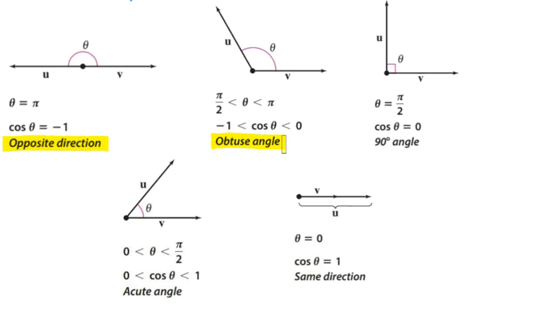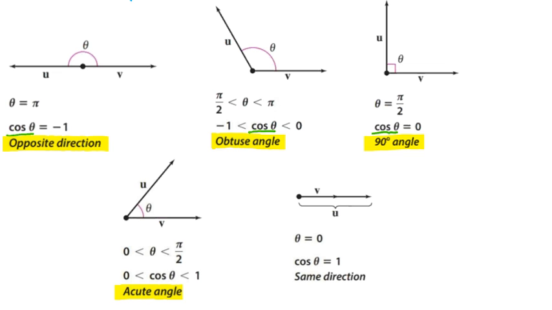We can say the same thing for obtuse angles, except this time our cosine of theta is going to be between -1 and 0, and our theta will be between pi over 2 and pi. Here we have our right angle, or our 90-degree angle, and here we can see that our theta will be pi over 2, which makes sense to us from our unit circle, and our cosine of theta is going to have to equal 0.